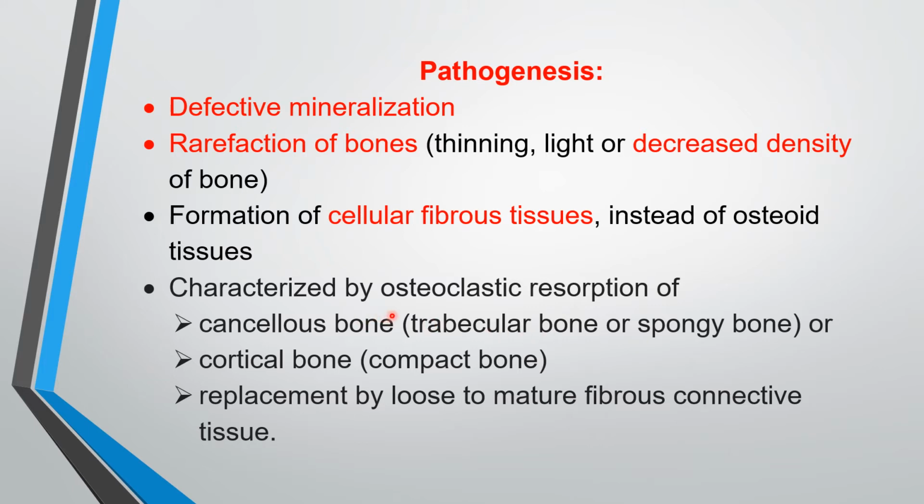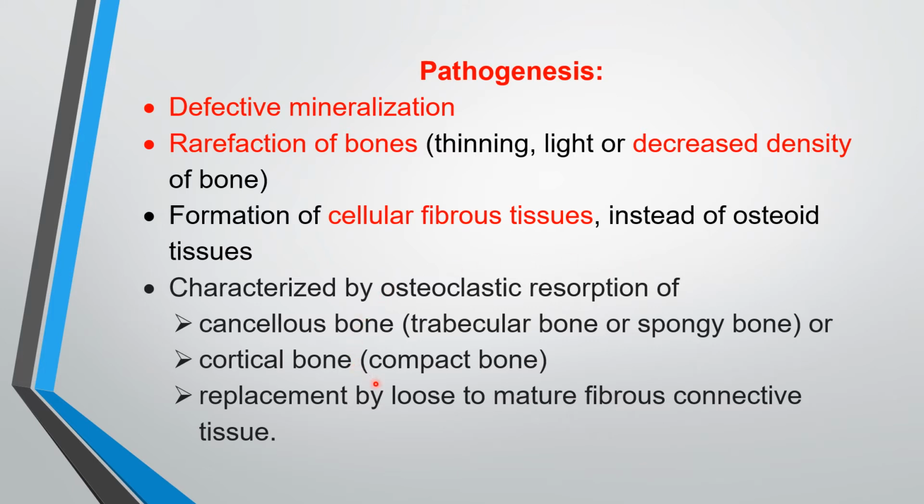Also, there is osteoclastic resorption of cortical bone. Cortical bone is a compact bone. But when there is resorption, again it becomes thin, light, porous and decreased density.